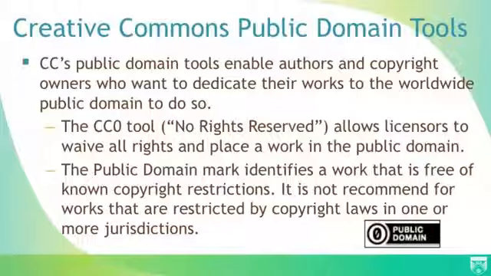As opposed to the copyright which says all rights reserved, this particular tool allows authors to have what is called no rights reserved. It's a CC0 tool. It allows licensors to waive all rights. They have the copyright, they waive all copyright and allow what is called a public domain usage of the material. So they place the work in the public domain.